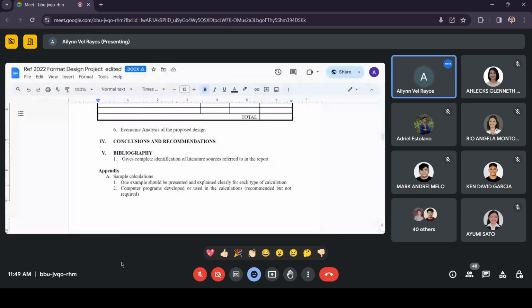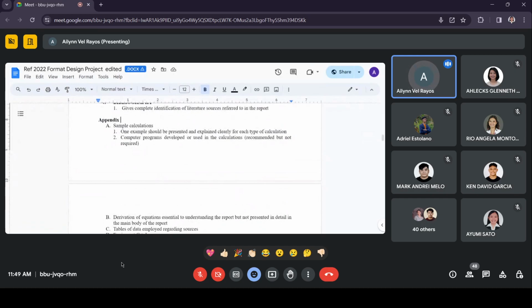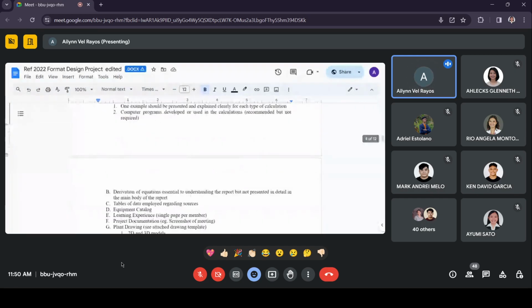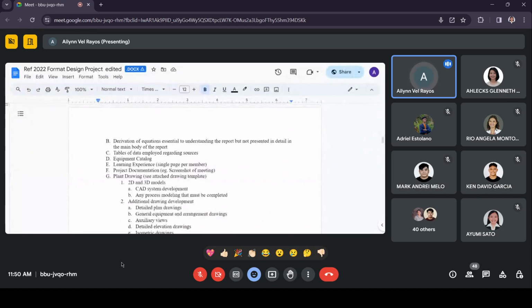So, ito naman is for the part of appendices. Lahat ng mga nandito dapat nakalagay. Yung applicable or available na ilagay na nandito sa list, dapat nandoon siya sa bibliography. This includes sample calculations, derivations of equations, tables of data, equipment catalog, and learning experience. Take note, this learning experience is per member.